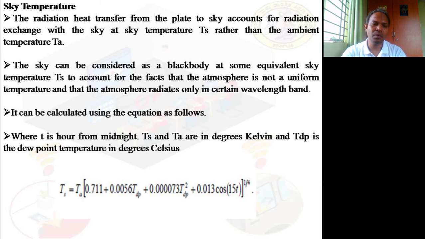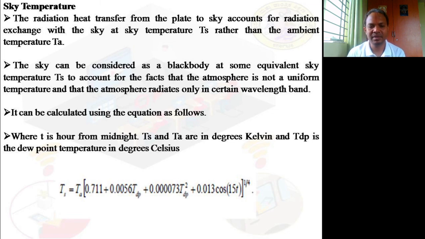That is the fourth root. Here t is the hour from midnight. If it is 1 o'clock after midnight, then t is 1. If it is 6 o'clock in the morning, then t will be 6. Ts and Ta are in kelvins, and Tdp is the dew point temperature in degrees Celsius.